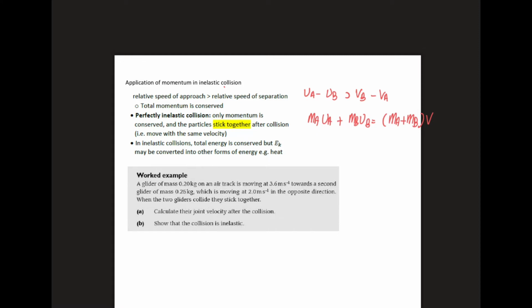We can only use this formula, MAUA plus MBUB equal to MAVA plus MBVB. The kinetic energy equation we cannot use, and the relative speed of approach is not applicable also. They are not equal, the approach speed is greater.